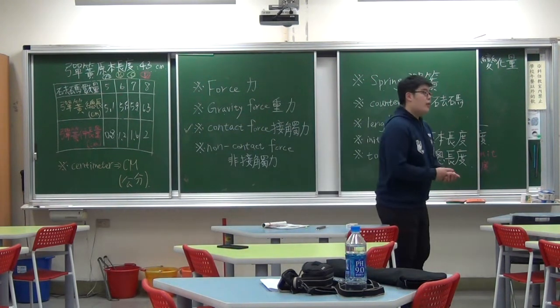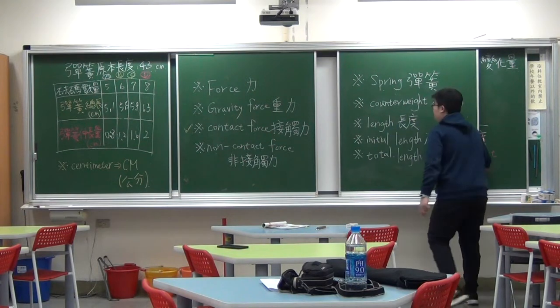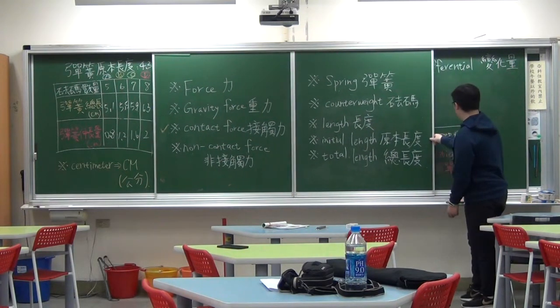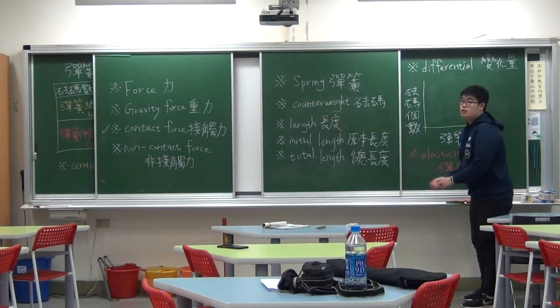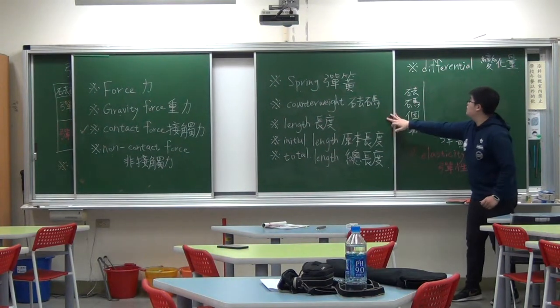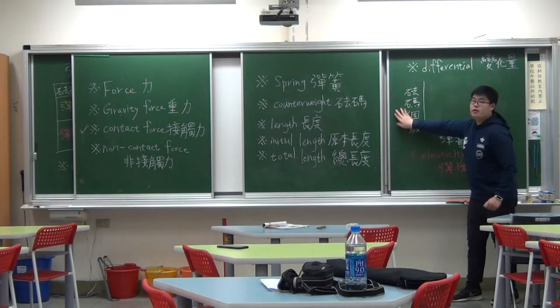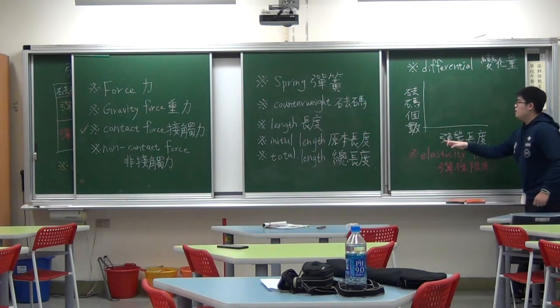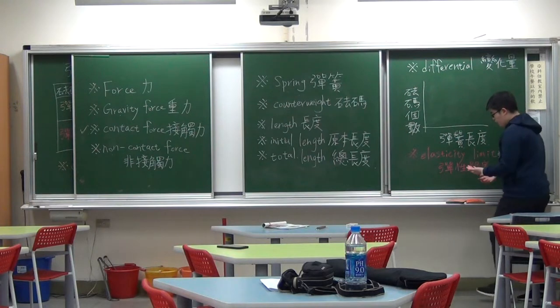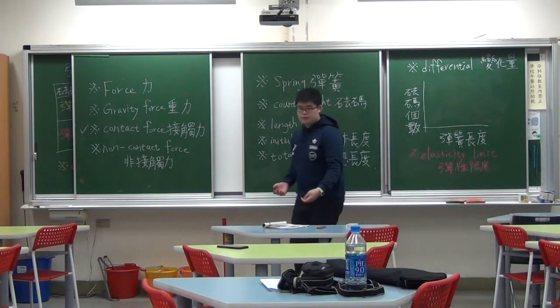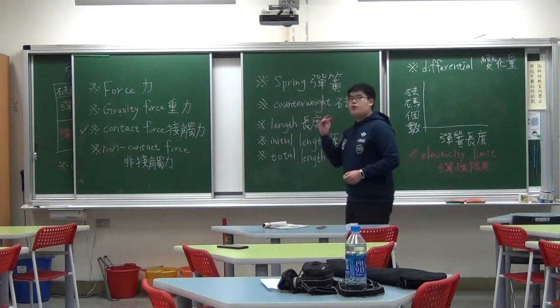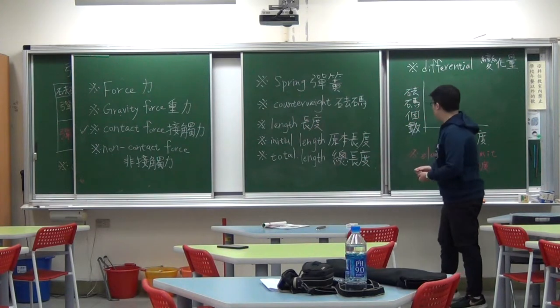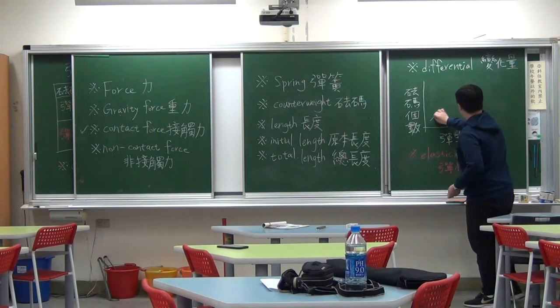Excellent. So now we can draw a picture of it here. The vertical is the number of counterweights. The horizontal is the spring length. There are 3 possibilities of it. First of all, it is here.